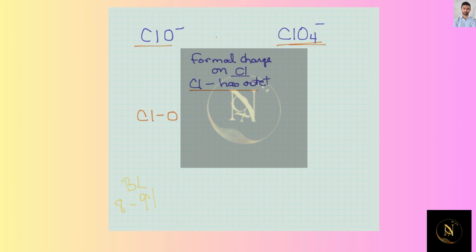So first I'm going to draw the Lewis structures for each. And this one's pretty simple. Since this has one extra electron, this is it.